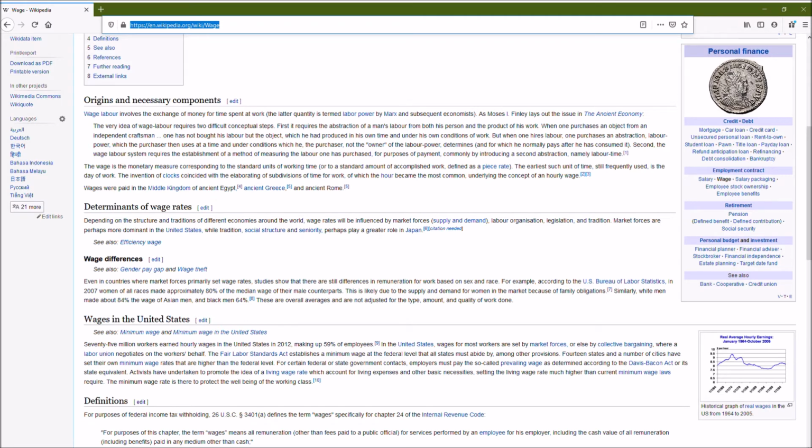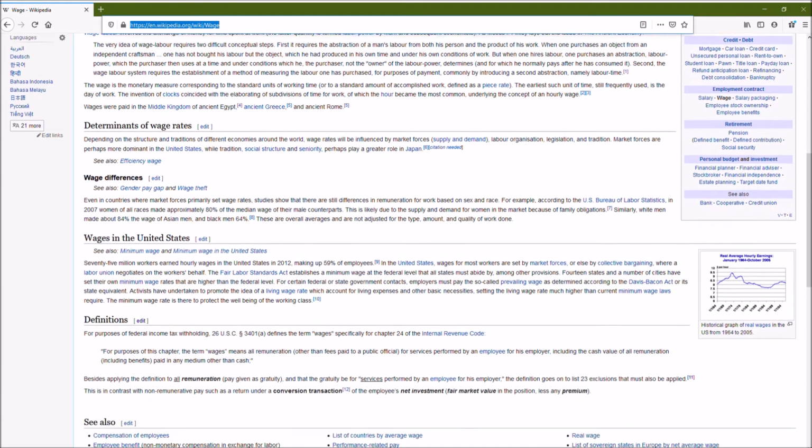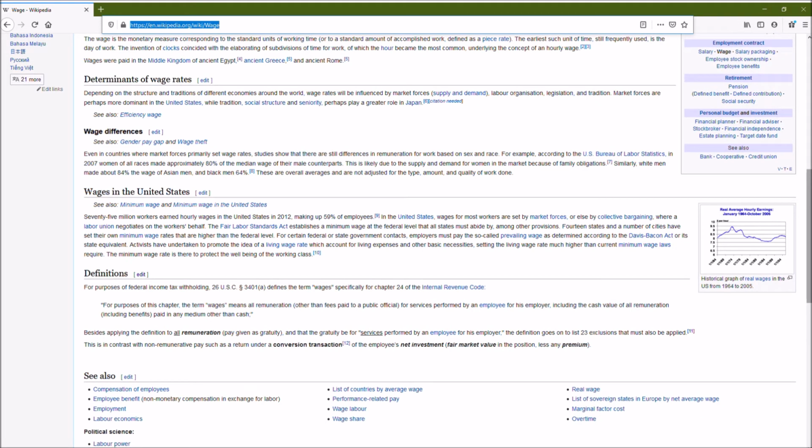Wages in the United States. 75 million workers earned hourly wages in the United States in 2012, making up 59% of employees. In the United States, wages for most workers are set by market forces, or else by collective bargaining, where a labor union negotiates on the workers' behalf.